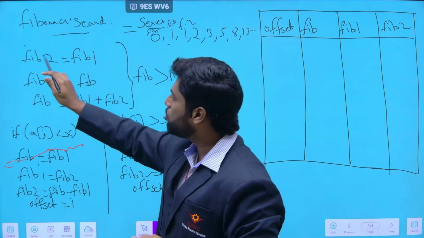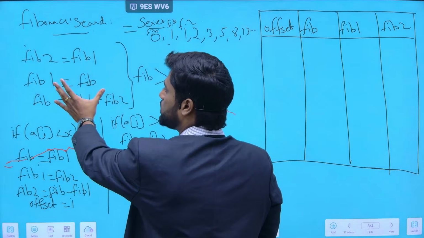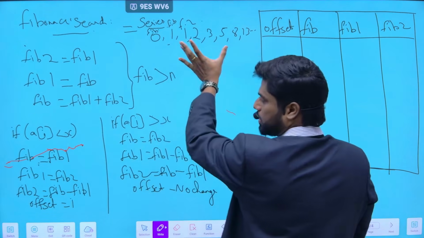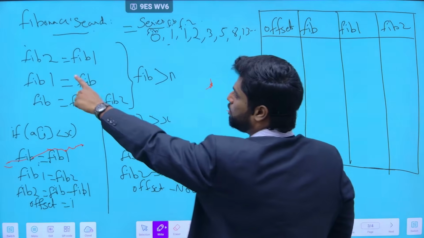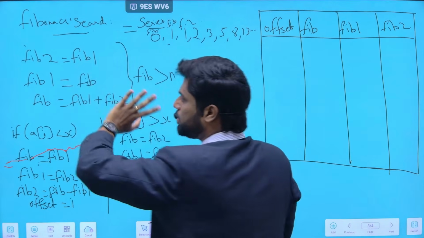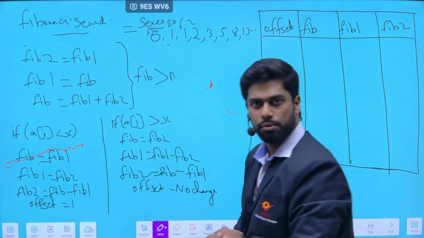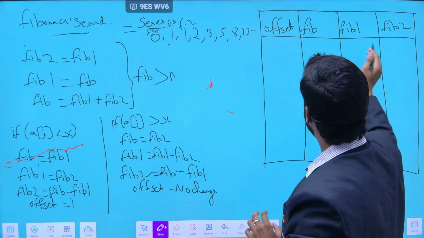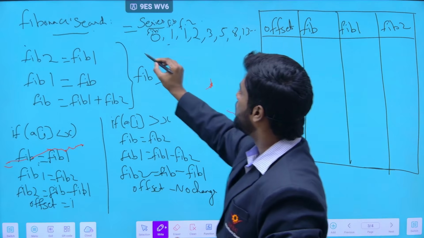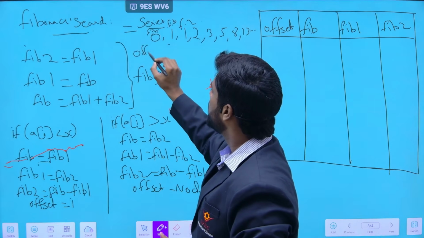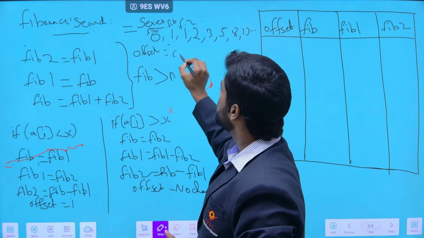Now you are going to apply this one for this series. So fib 2 will be fib 1, fib 1 will be fib, and fib equals fib 1 plus fib 2. And offset equals 0.